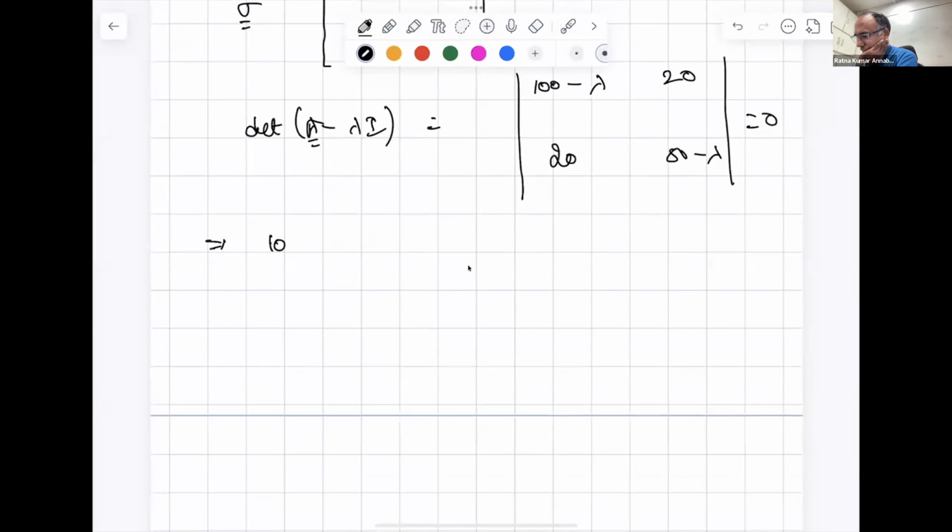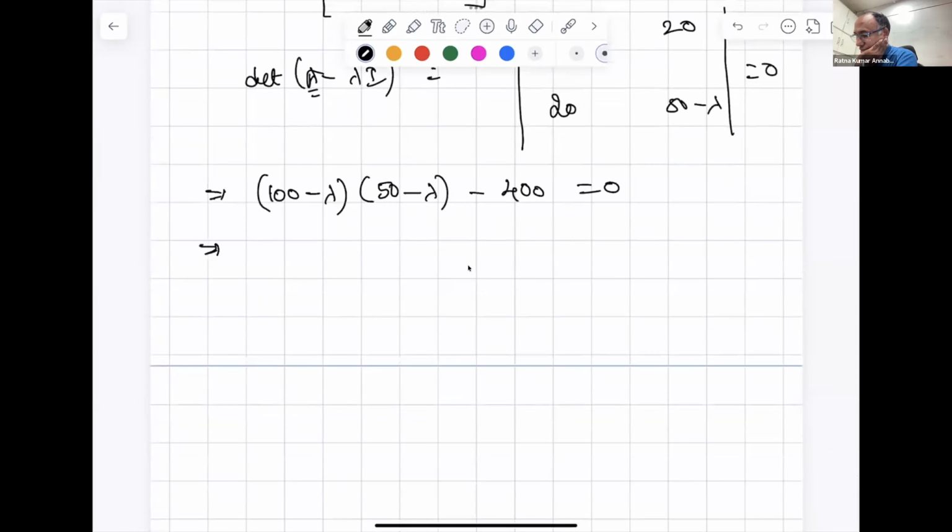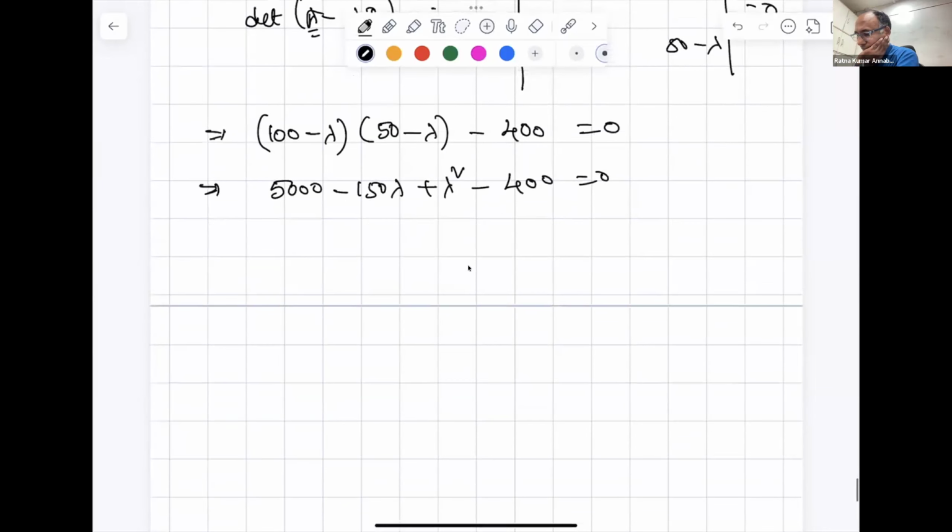That implies (100 minus lambda) into (50 minus lambda) minus 20 square, which is 400, equals 0. That implies 100 into 50 is 5000, minus 100 lambda minus 50 lambda is minus 150 lambda, plus lambda square, minus 400, is equal to 0. That implies lambda square minus 150 lambda plus 4600 is equal to 0.